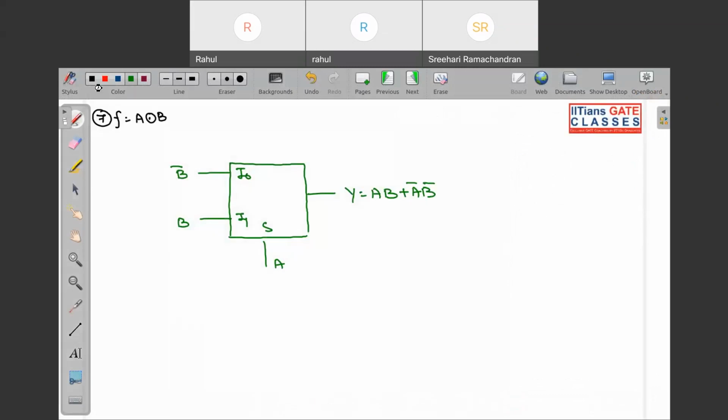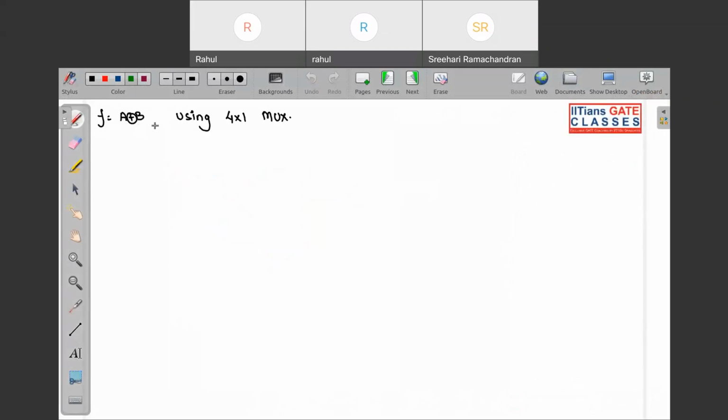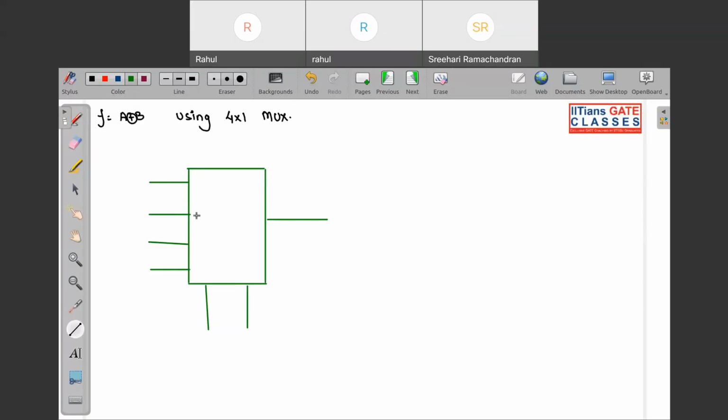Okay, so now let us see how many 4 cross 1 mux are required for construction of A XOR B. So can you do this, Srihari, on your own? Now we have a 4 cross 1 mux. Ground the first input and the last input, and in between we can connect to source 1. Yes, very good.